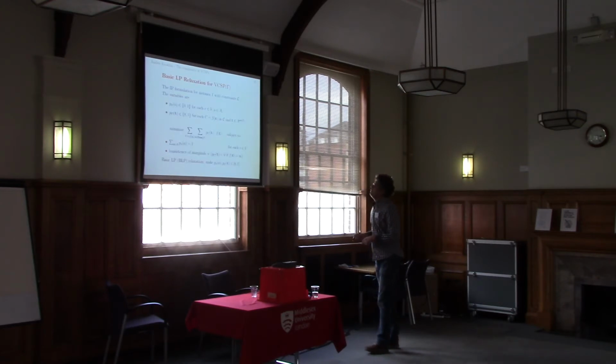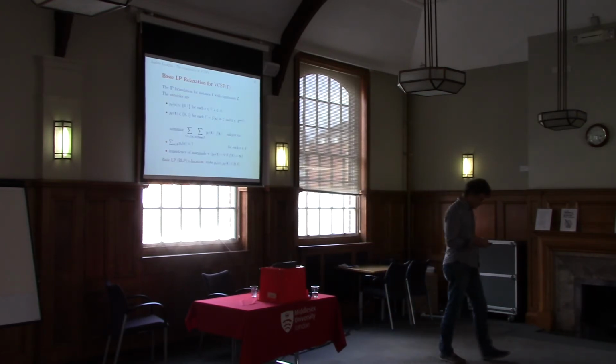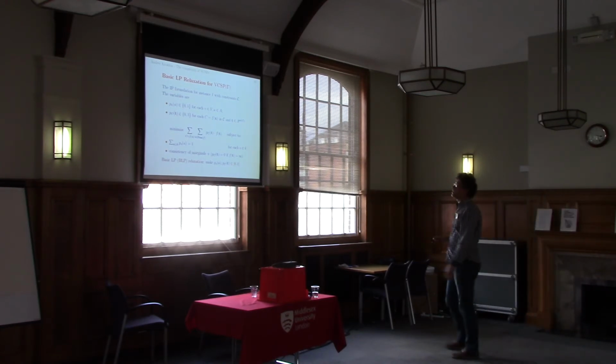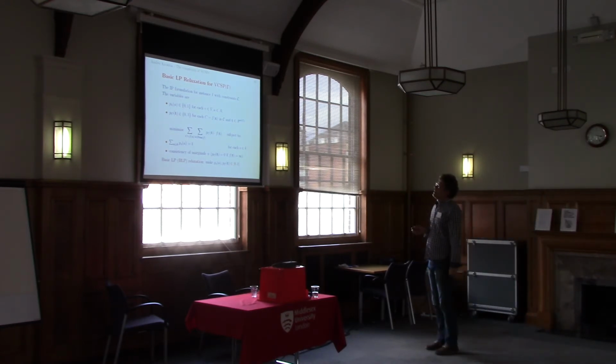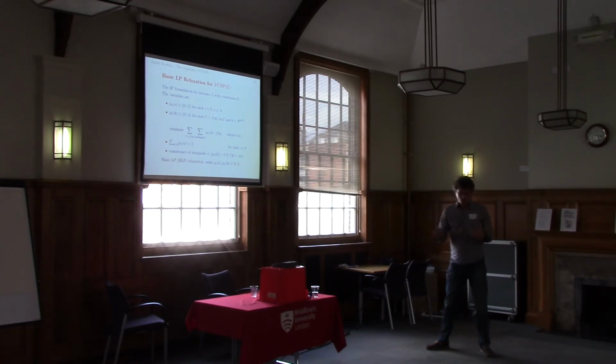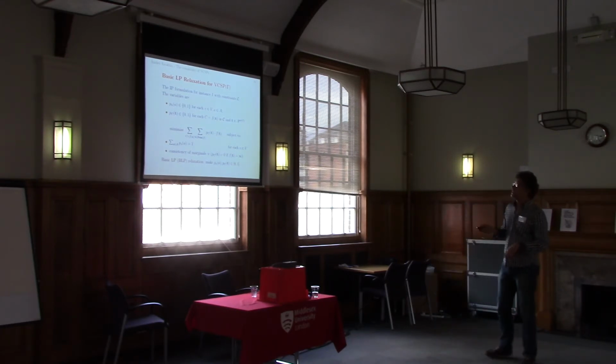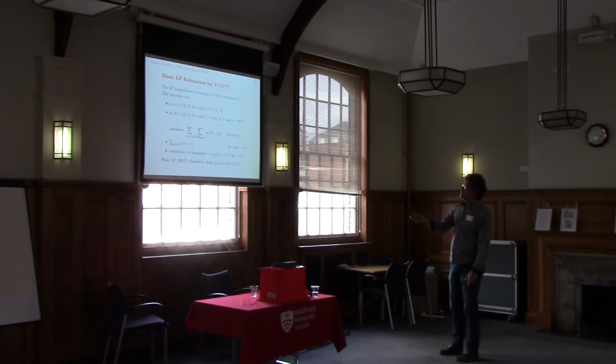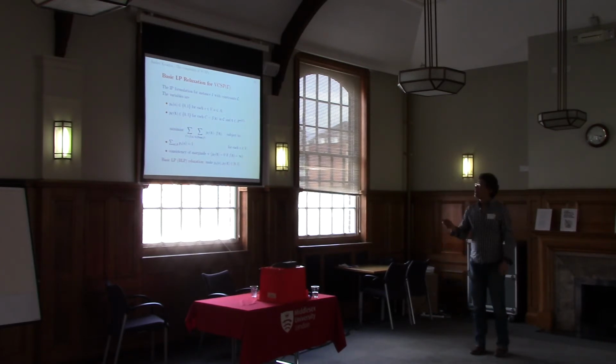Right. So what's the algorithm? The algorithm is based on the basic LP relaxation for VCSPs. And actually this is an algorithm that solves all finite valued VCSPs. This is how it goes. You take your instance of VCSP of gamma, and you reformulate it in terms of integer programming.